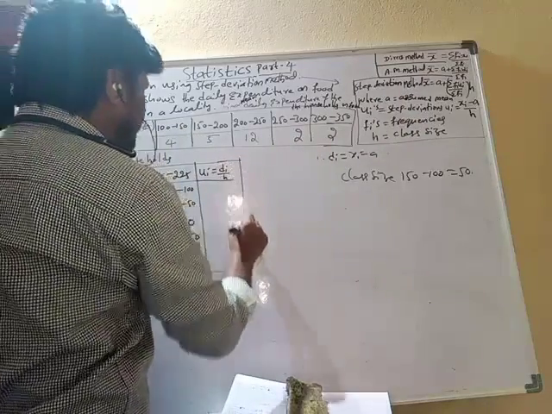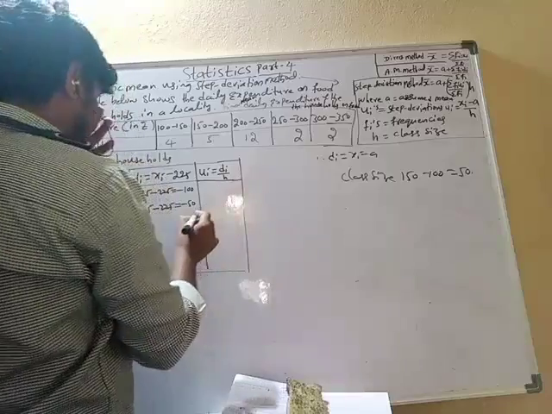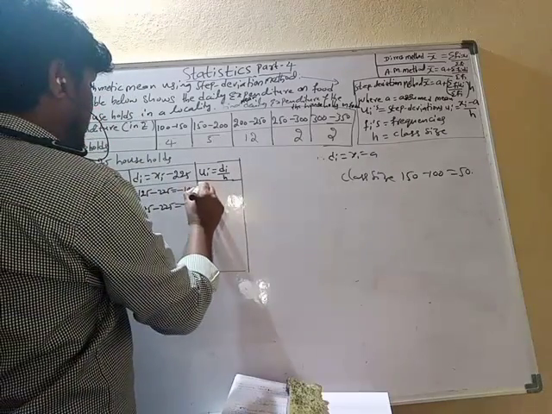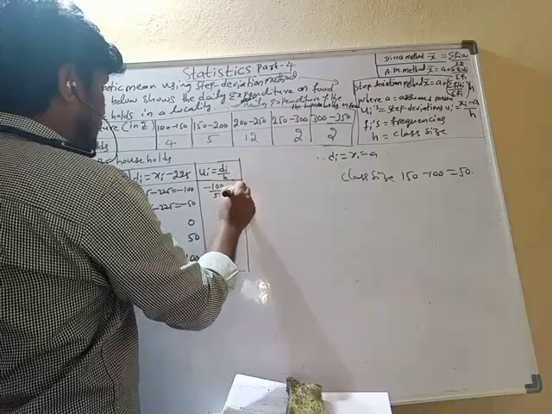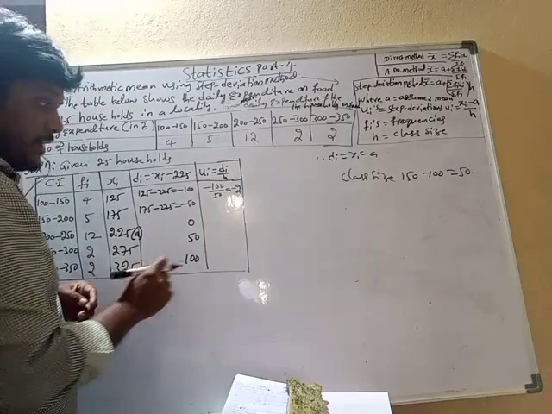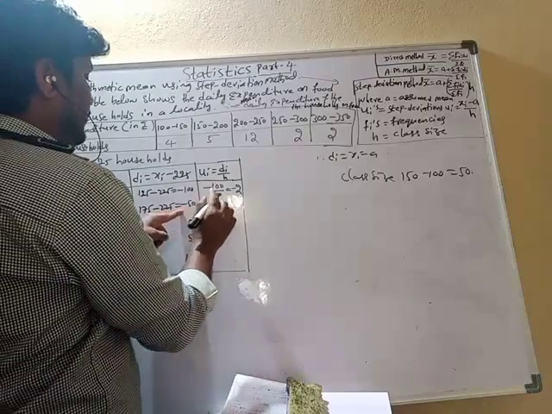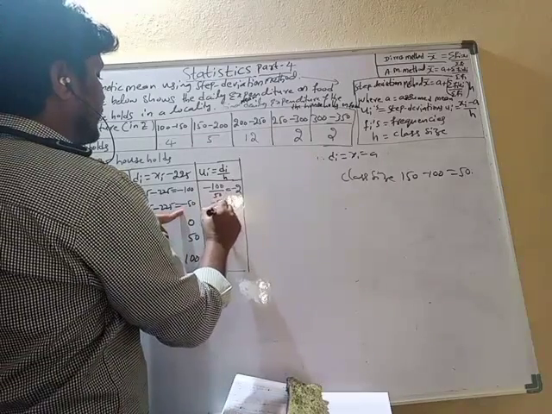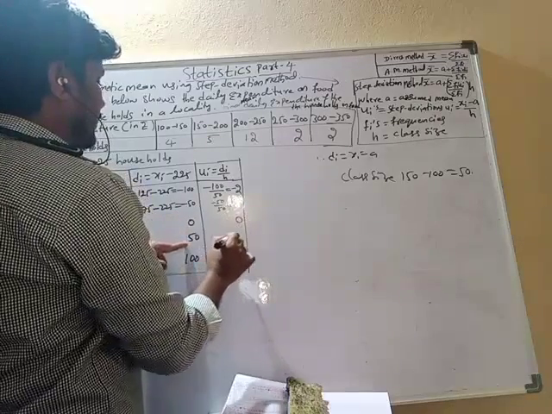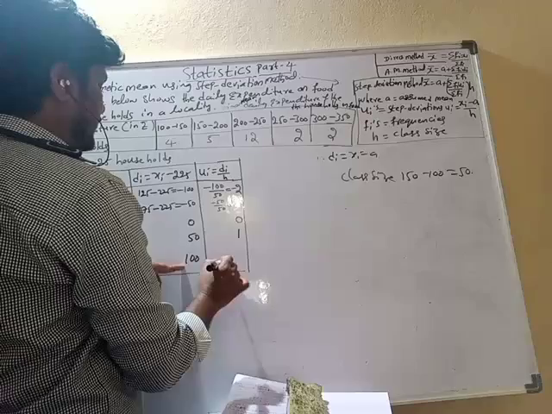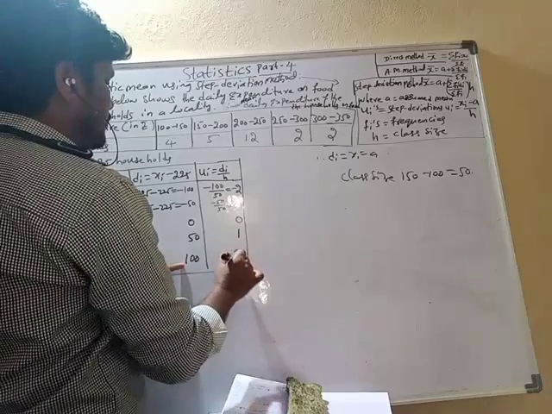Calculate ui: minus 100 by 50, what do you get? Minus 2. Similarly, minus 50 by 50 is minus 1, 0 by 50 is 0, 50 by 50 is 1, and 100 by 50 is 2.